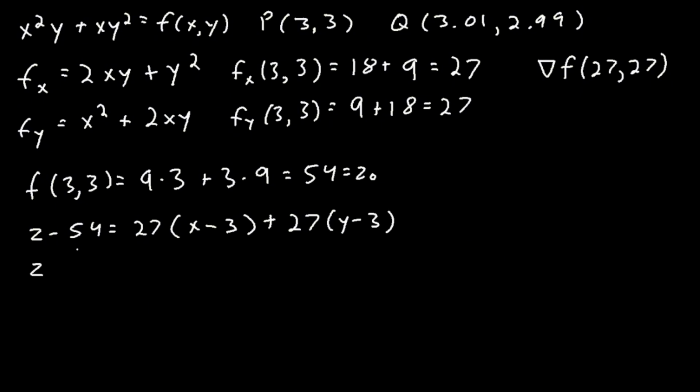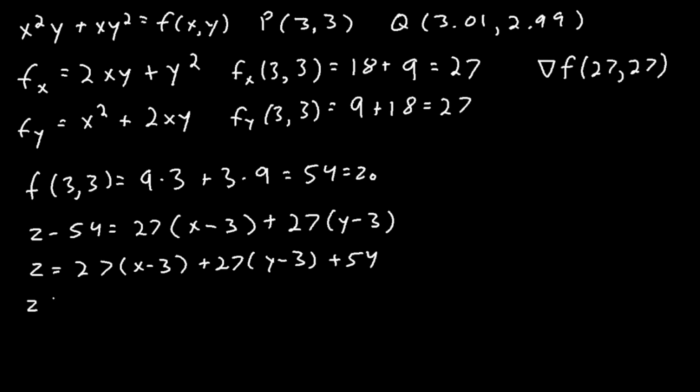And in order to approximate, again, we just have to plug in for the values of q. And for this, let's go ahead and isolate z first. And when you isolate z, all you do is get plus 54 here.